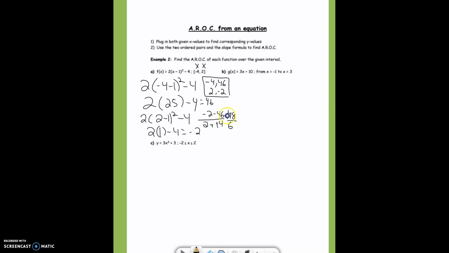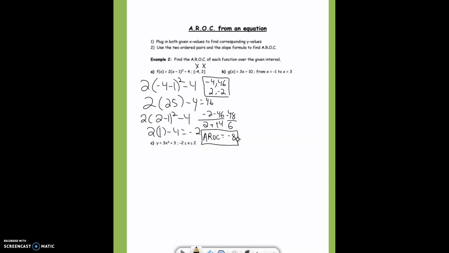And that's -48 over 6, right? So my average rate of change for this particular problem would be -8. Okay, a lot of work, huh?